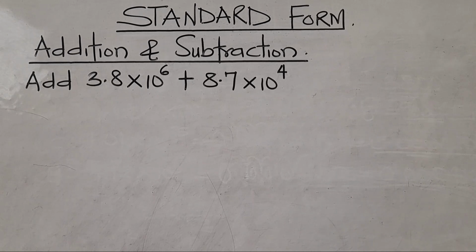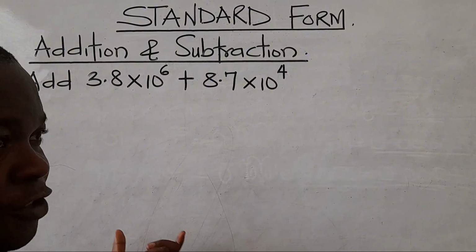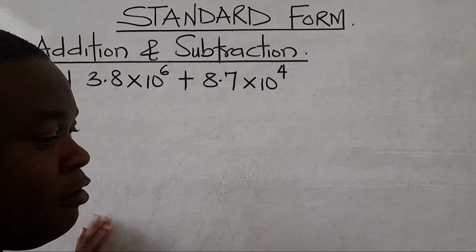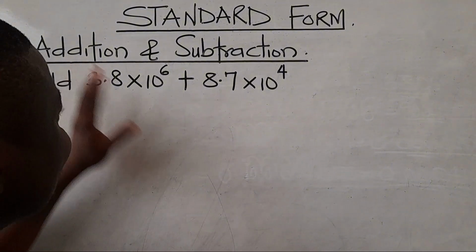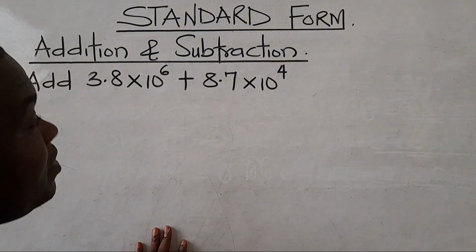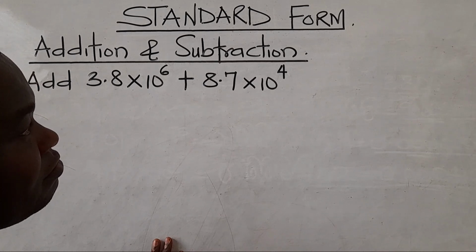Now, when we say the algebra of standard form, we're simply talking about addition, subtraction, division, and multiplication of numbers in their standard form. Now, we're taking addition and subtraction first. I think this is a little more easy.